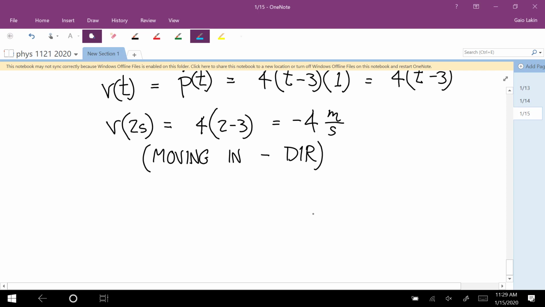All right, well, that's instantaneous velocity. And now we have to define acceleration.